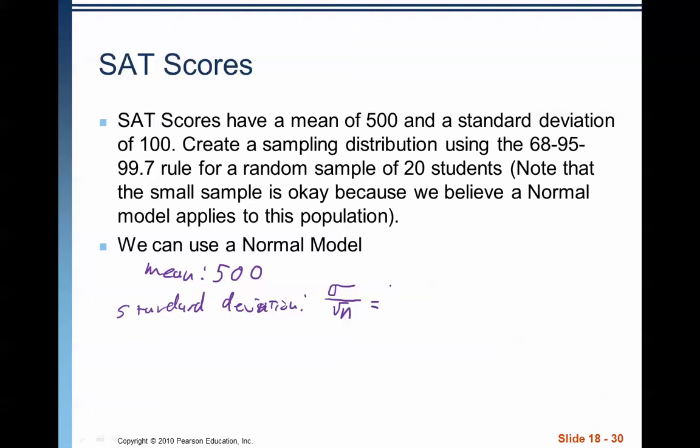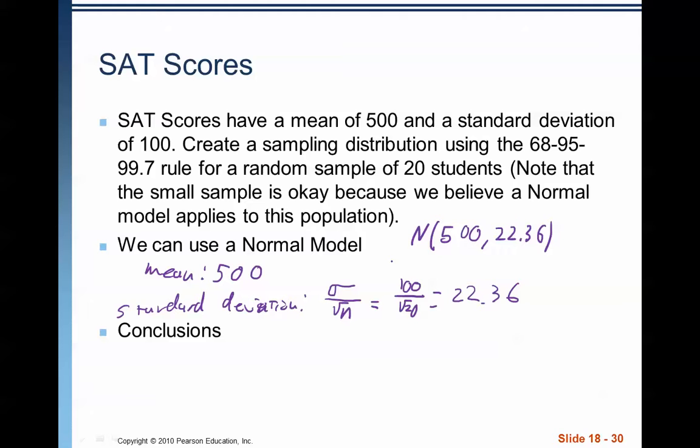So in this case, we have 100 divided by the square root of 20, which gives us 22.36. So there's my normal model that I'm going to be using for this. Again, the notation here is a normal model with a mean of 500 and a standard deviation of 22.36.